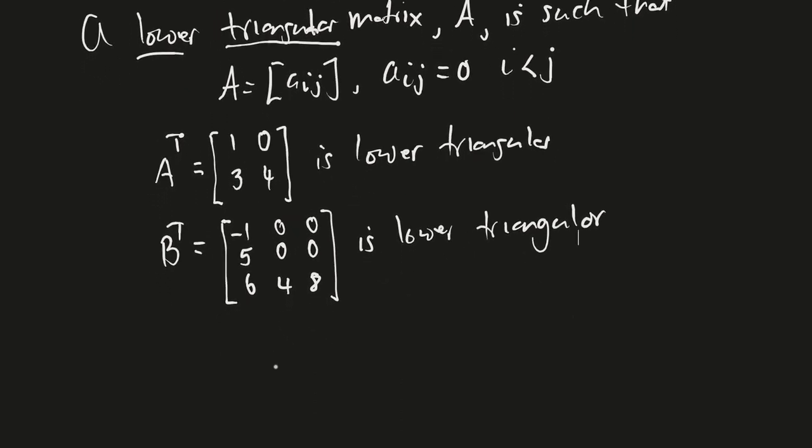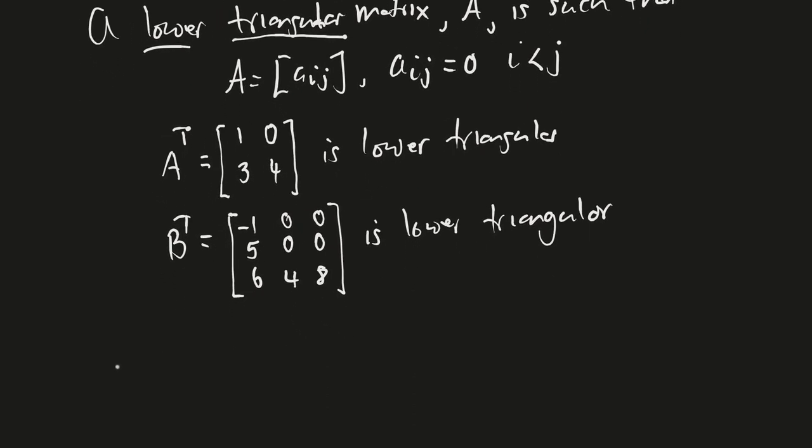Now, the next group, these are called diagonal matrices, right? And a diagonal matrix, so now let me define it for you.